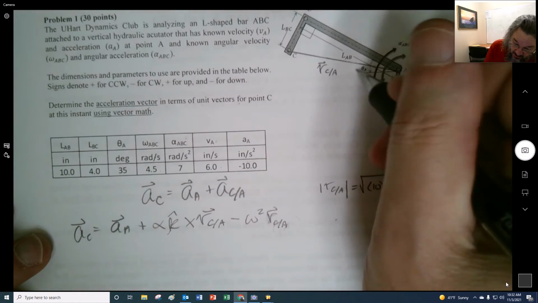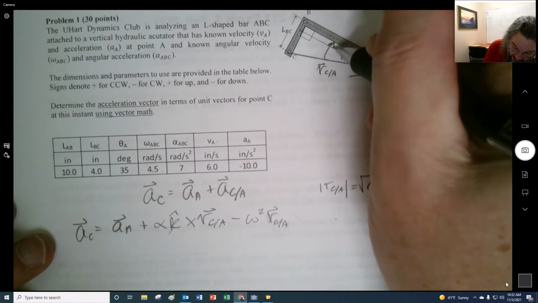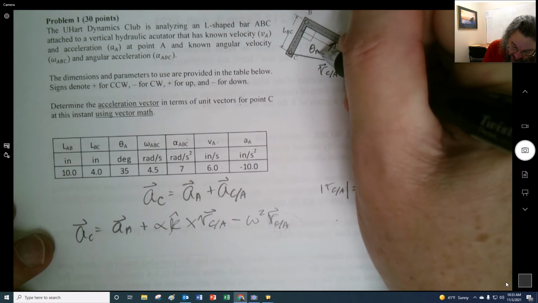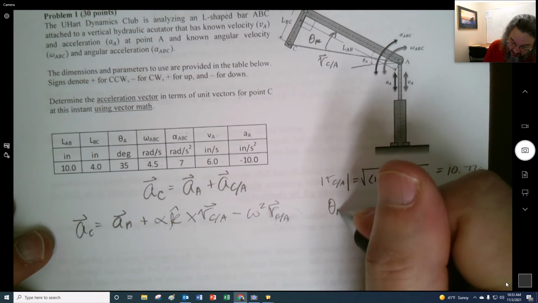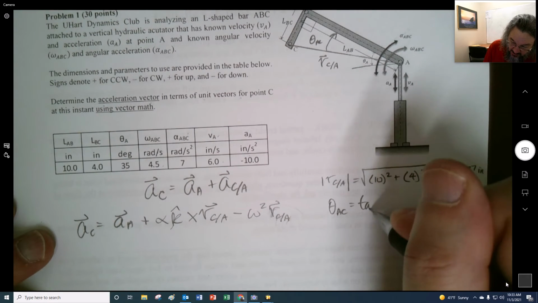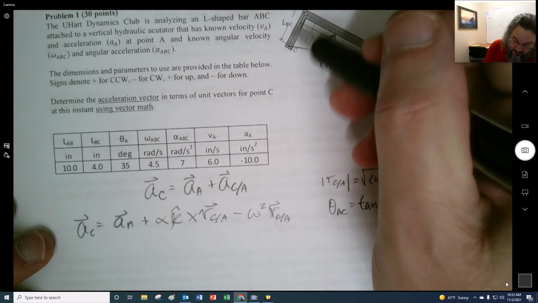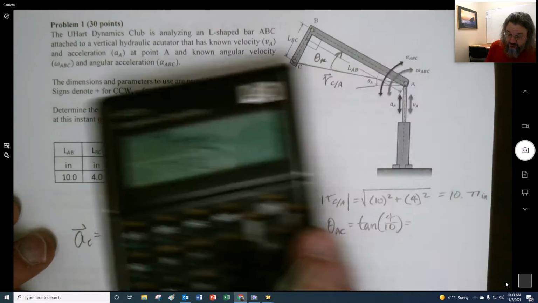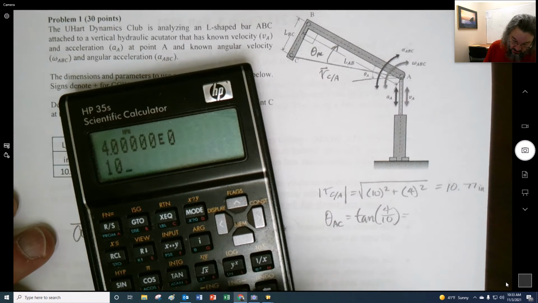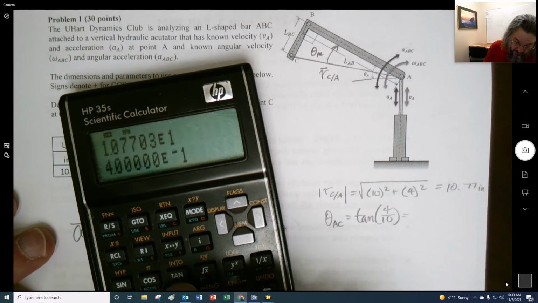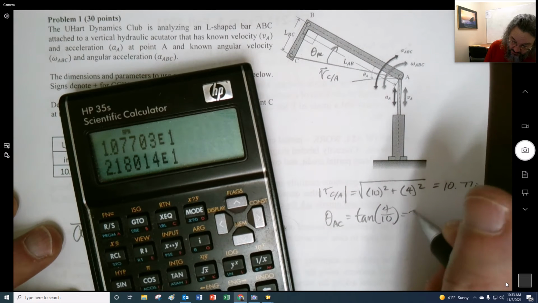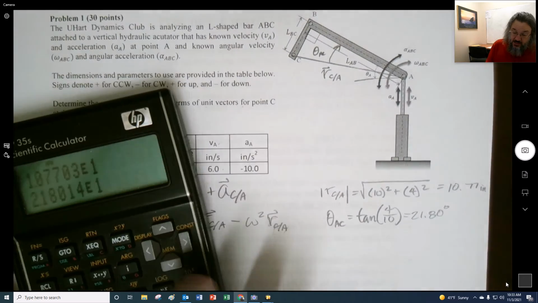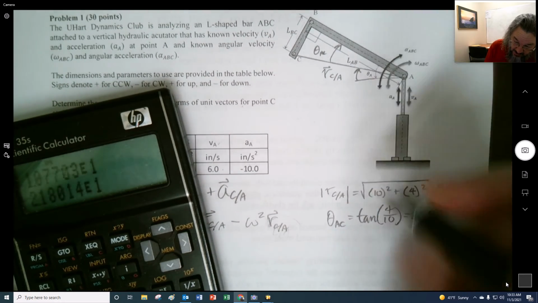And then we need the angle that's formed right here, right? Maybe I'm going to call that theta AC. I just come up with a name, theta AC. So that's the inverse tan of rise over run, 4 over 10. Is that right? Yep. And so we get 21.8 degrees. Now we need to know this angle right there.